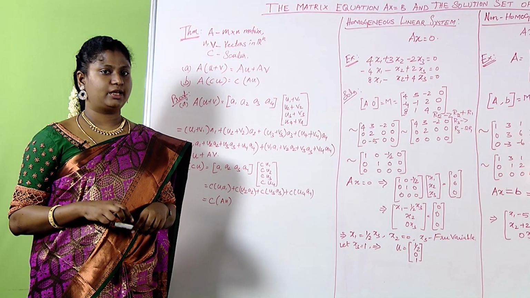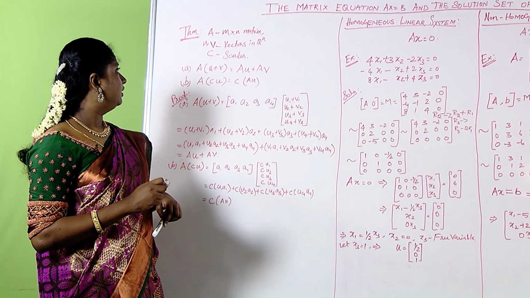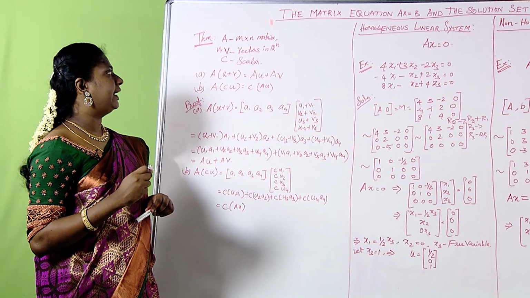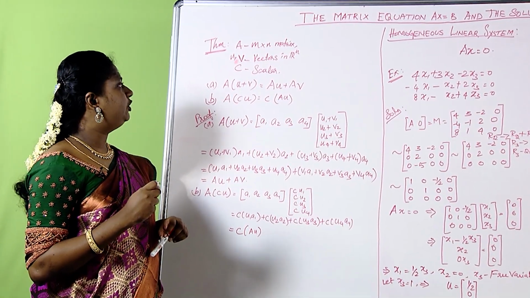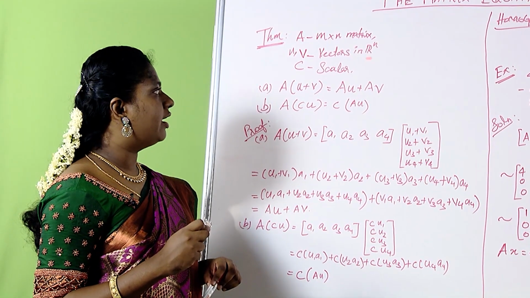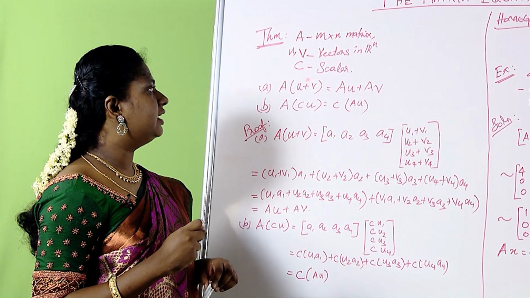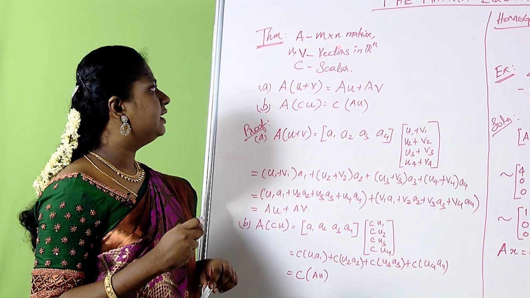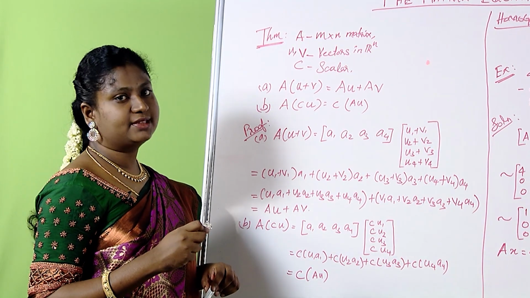Now, we shall see a theorem. Here A is an m by n matrix and we have two vectors, namely u and v, taken from R^n, and c here is a scalar. So, altogether we have a matrix, two vectors and a scalar.